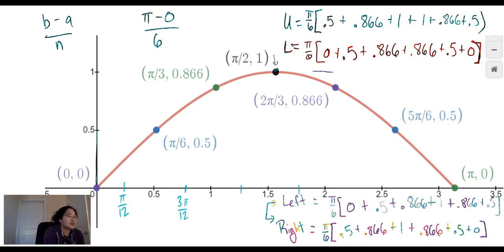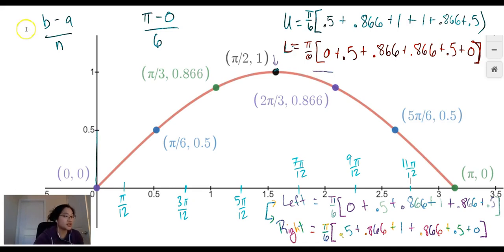And then our function evaluated at 5 pi over 12, sine of 7 pi over 12, sine of 9 pi over 12, and sine of 11 pi over 12. So that is where we need to evaluate our function.